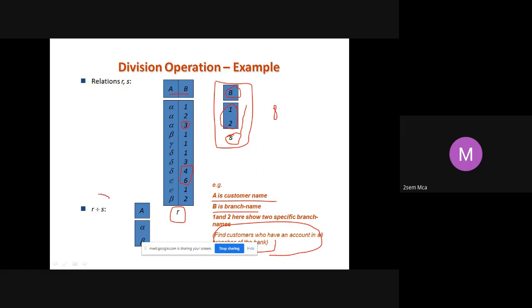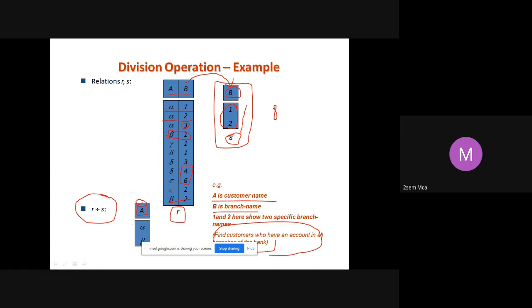Now, when I take R divided by S, you have this B attribute coming in. So your answer should always be in terms of this A attribute. B will not come in your result. 1 and 2. Customer alpha is associated with 1, alpha is associated with 2 also. Then who else? Beta is associated with 2 here, beta is associated with 1 also.